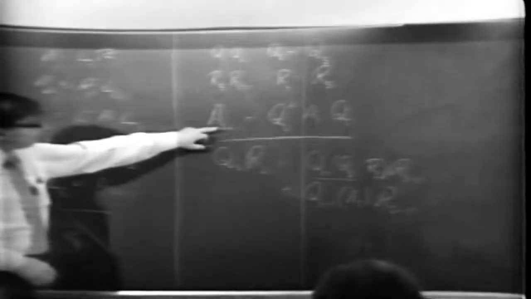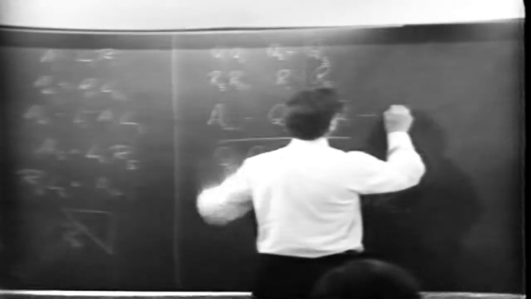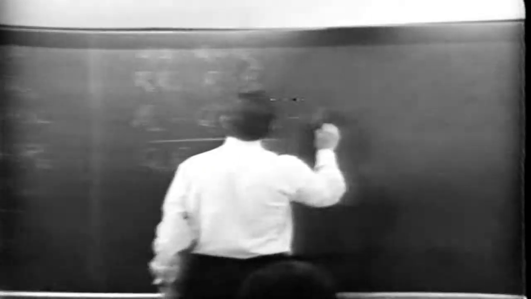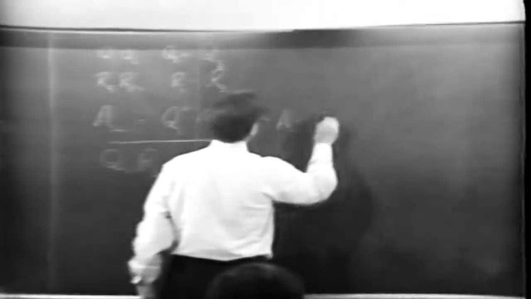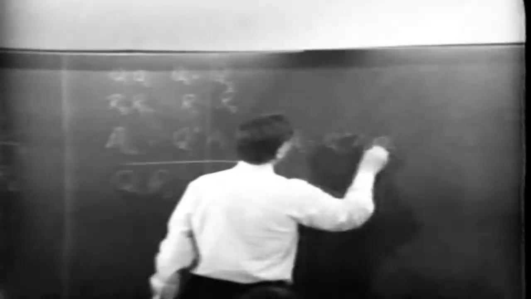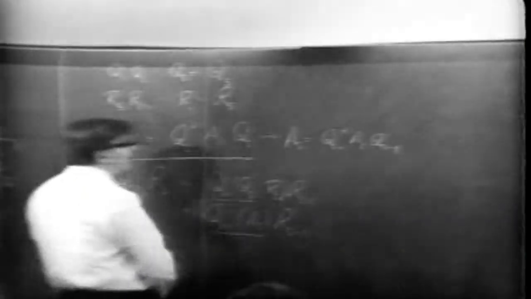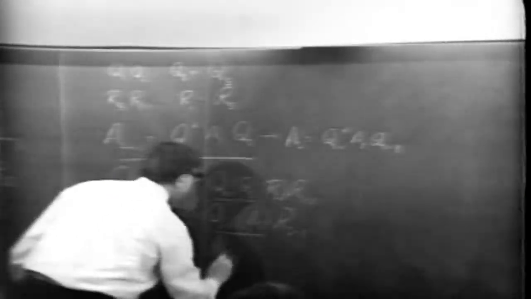Now, if we apply this formula, we take this formula for s equals s minus 1, we have that A_s is equal to big Q_{s-1}^H A_1 times big Q_{s-1}. And taking this Q_{s-1} to the other side, I have Q_{s-1} times A_s is A_1 times Q_{s-1}.